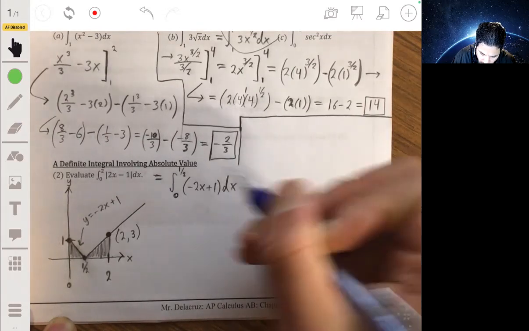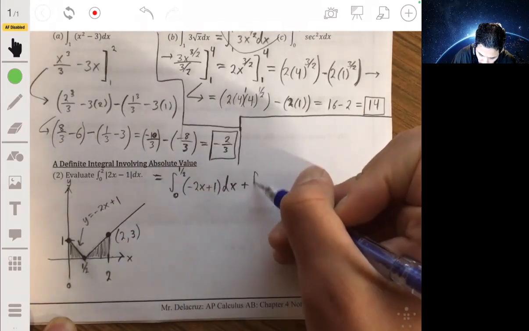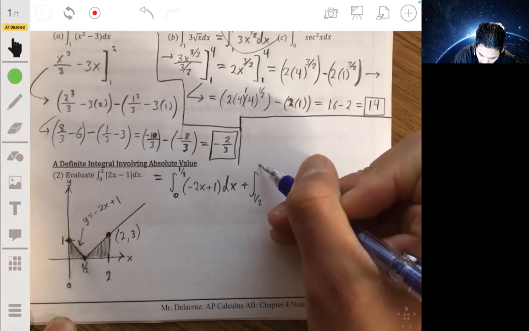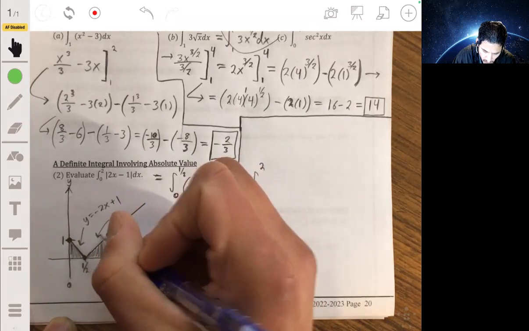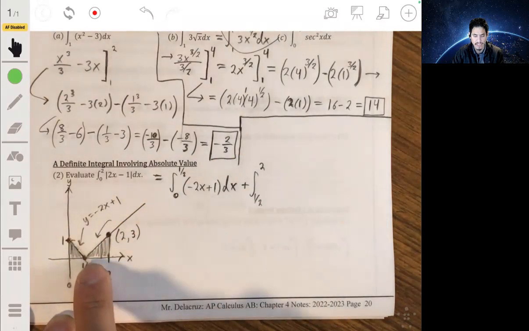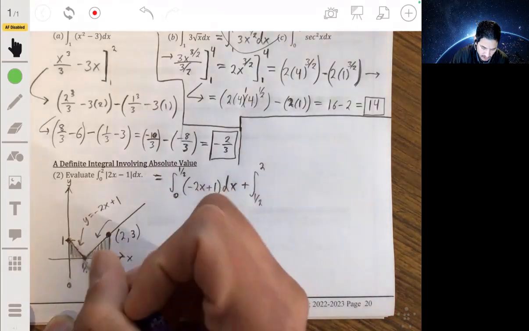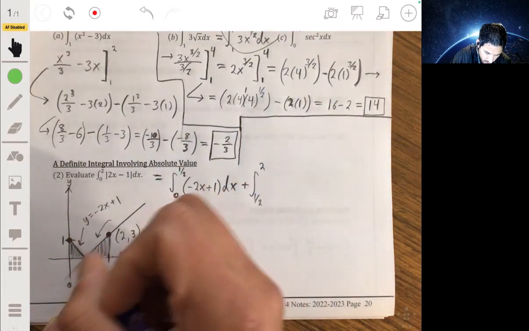And then we're going to add the integral from 1/2 to 2. And on this part, the graph has a positive slope of 2, and it would actually intersect the y-axis at -1 if you want to solve it.